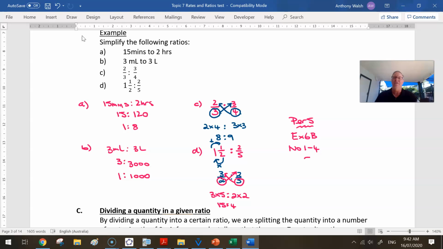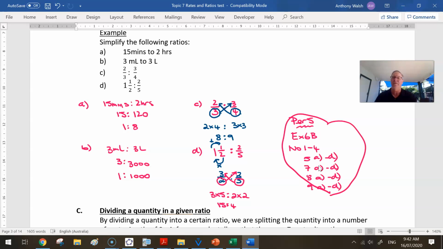Then I want you to do these numbers from question 5, just the first 4, A to D. Okay, don't do question 6, but do question 7, just the first 4, A to D. And question 8, A to D. And question 9, A to D. Looks like a lot, but if you're using your calculator, it'll take you not long to do it. So that is your work for period 5 today.